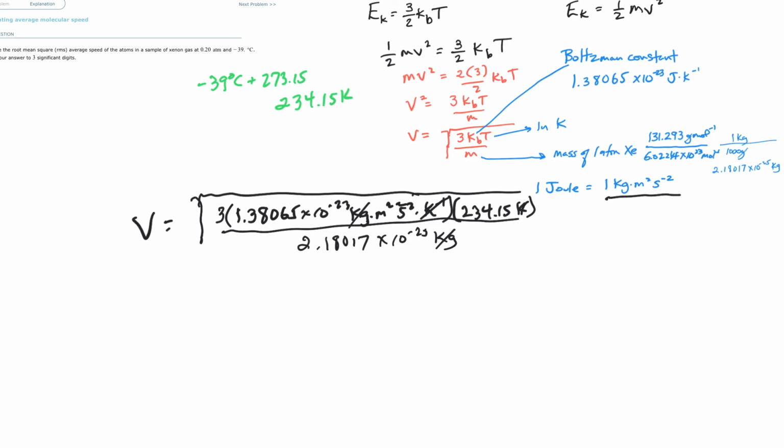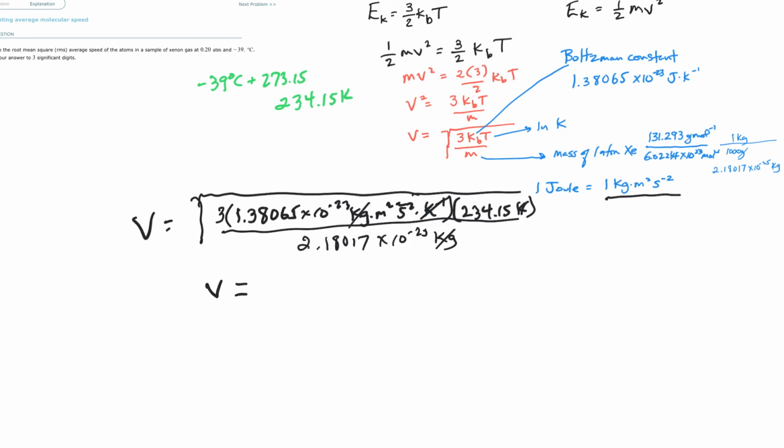So I'm going to do this calculation: 3 times 1.38065 times 10 to the negative 23, times 234.15, divided by 2.18017 times 10 to the negative 25, equals.